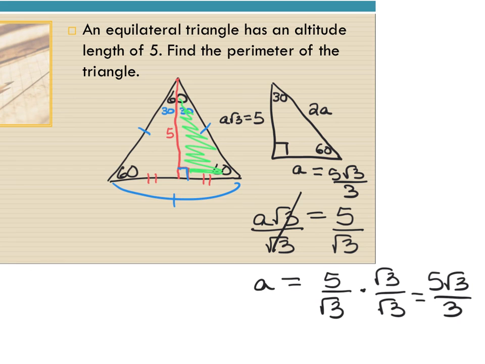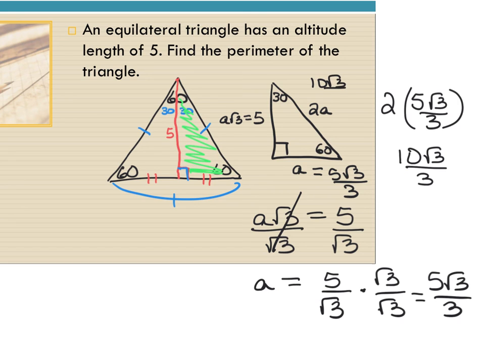To get 2A, I'm going to take 2 times 5 square root 3 over 3. And then this gives me 10 square root 3 over 3. So that's what the hypotenuse is, which is also the side of my equilateral triangle, because that number goes here, which also goes here and here.